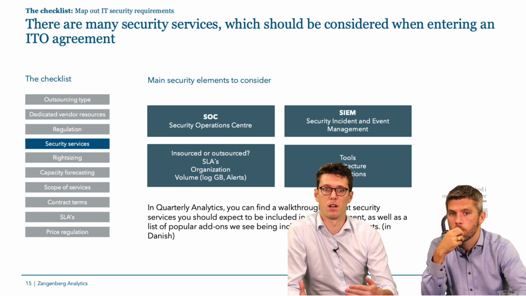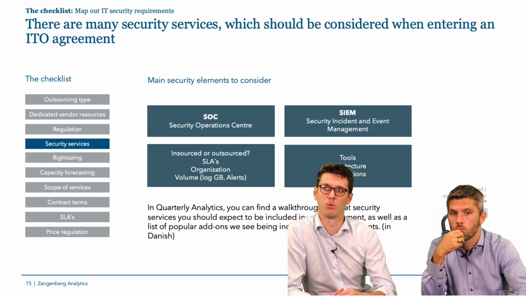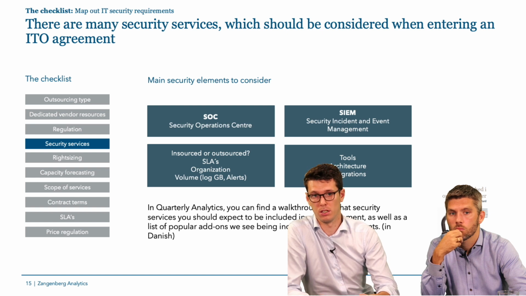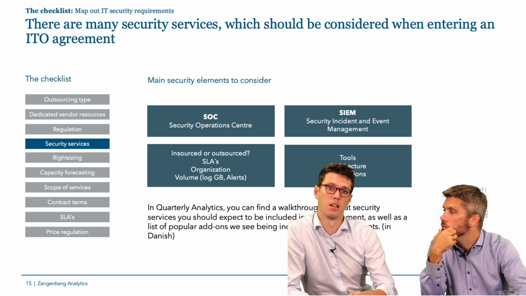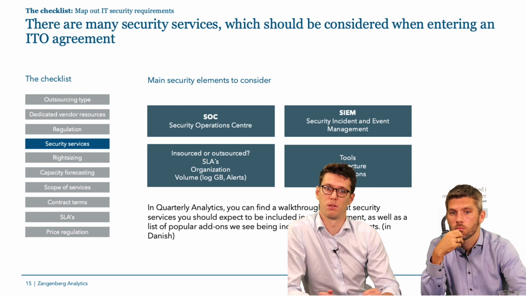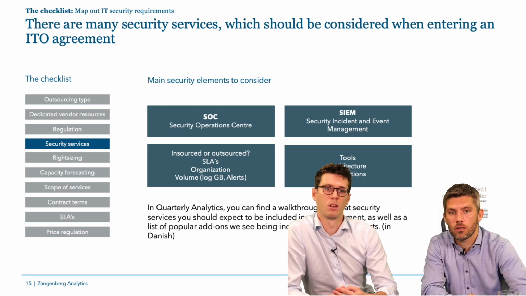This is an area where we also want to refer to our research magazine, Quarterly Analytics, where we have a long list of security offerings which we expect to be included in a standard ITO agreement, and then a long list of potential inclusions from the vendor's part to the agreement. Yeah, that would be regarded as add-ons to the standard operations.